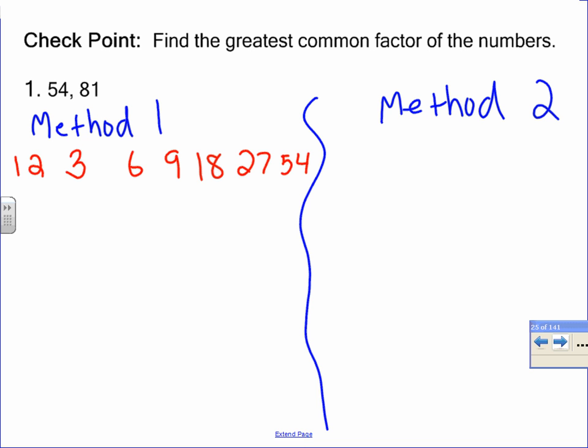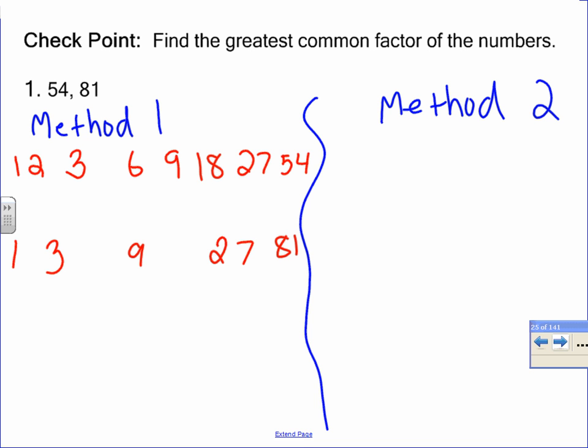All right, okay, let's go to 81. 1 and 81. Who can give me the next factor? Sean? Good. Annalise? Good. 9, because, why is it just 9? Emma H? Yeah, 9 times 9.